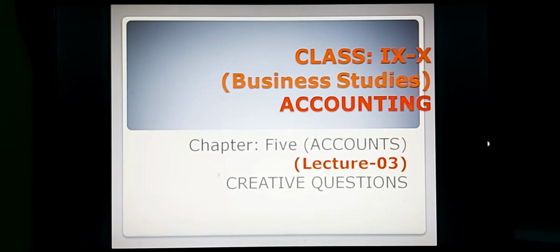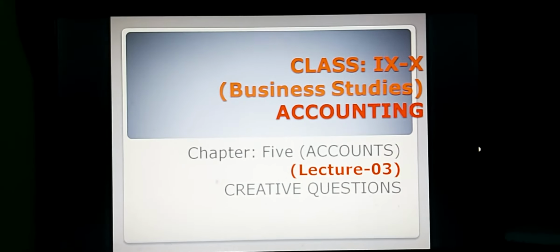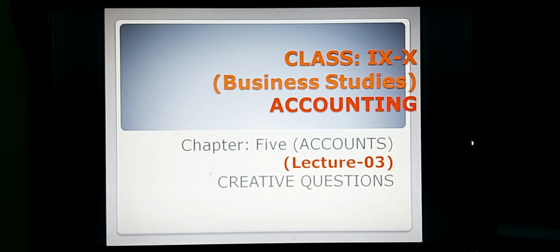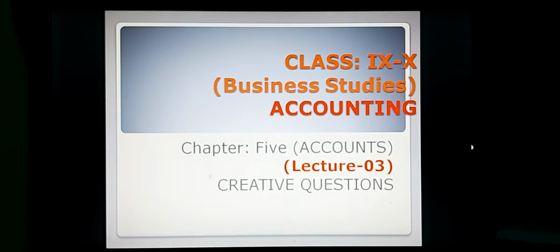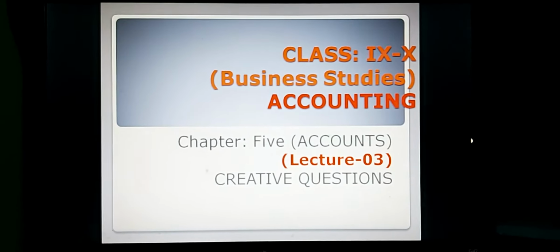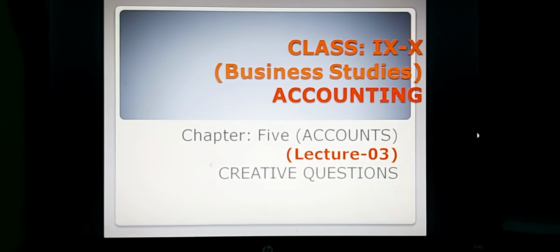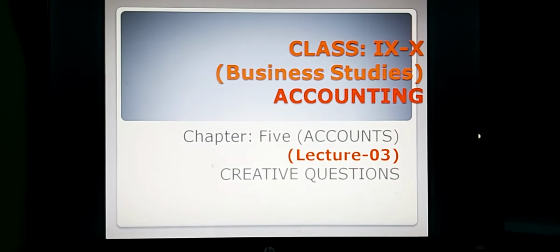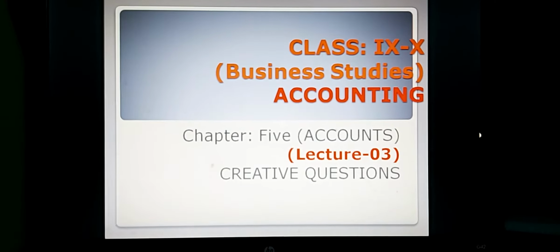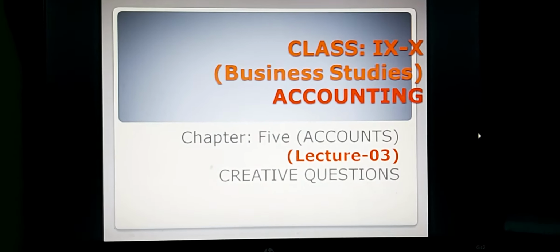I think you have watched it, listened it, and understood it. So I think you are ready to take the lecture of 3, the chapter number 5, that is the accounts, for solving the critic question number 2.